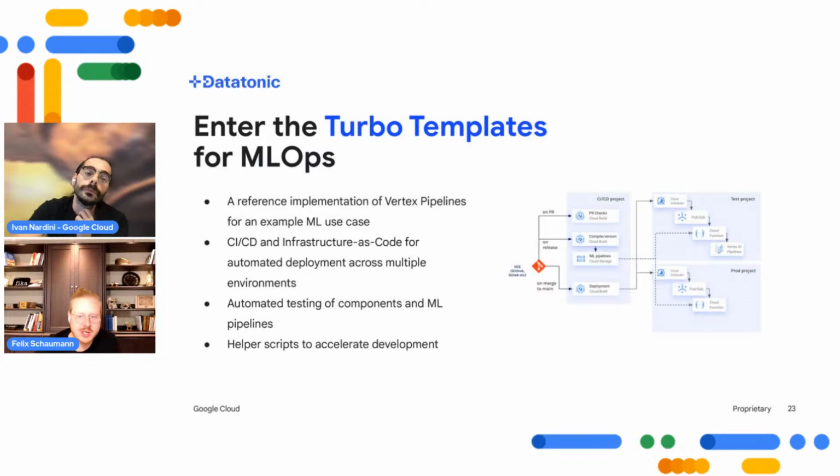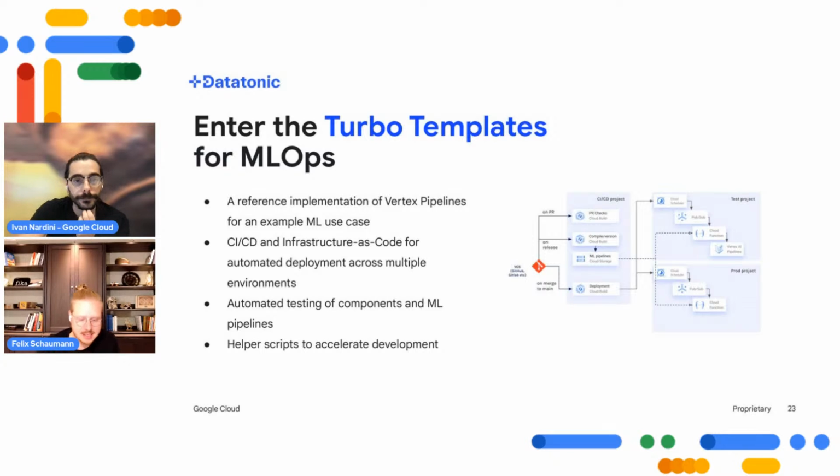Furthermore, it also includes ML pipelines as backbones, right? So they're the components. You will find machine learning pipelines which will really help you to get started quickly. And all of them are actually tested, because testing is one important thing we want to ensure before you actually deploy your machine learning pipelines. And lastly, there are also quite a few helper scripts which help you accelerate the development.